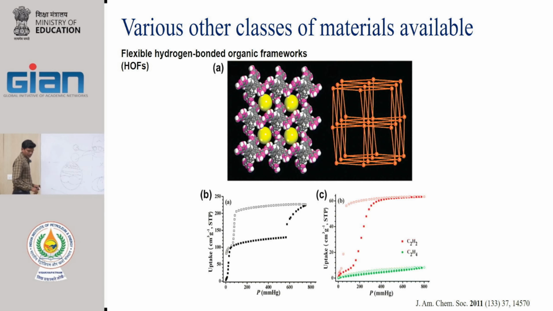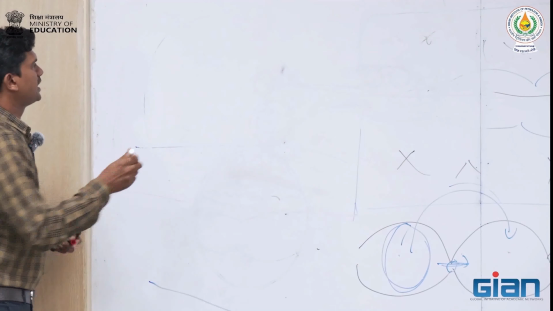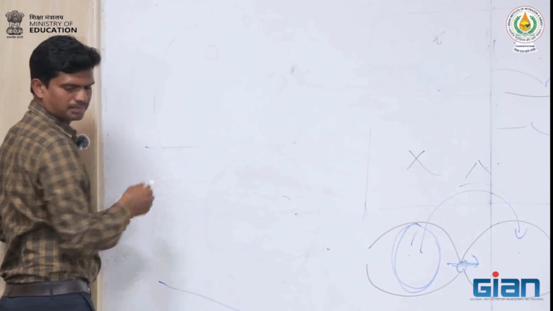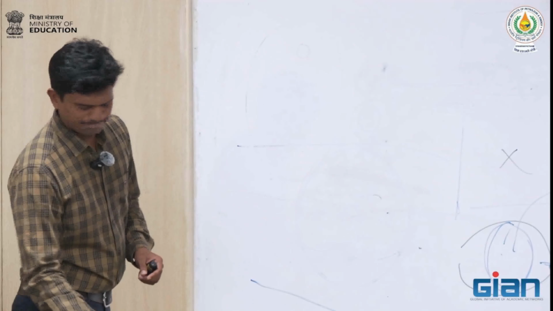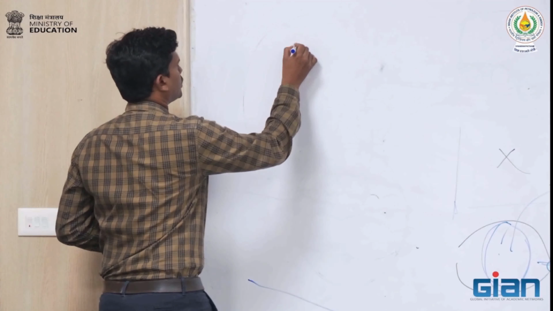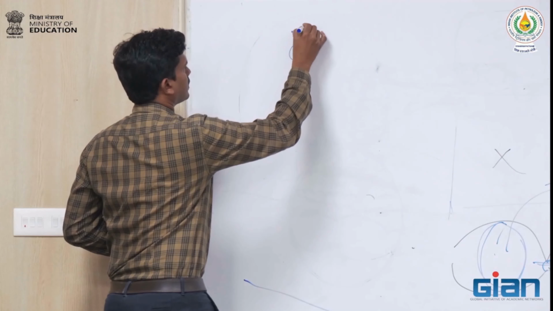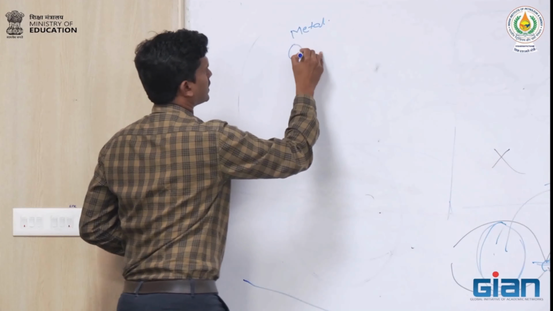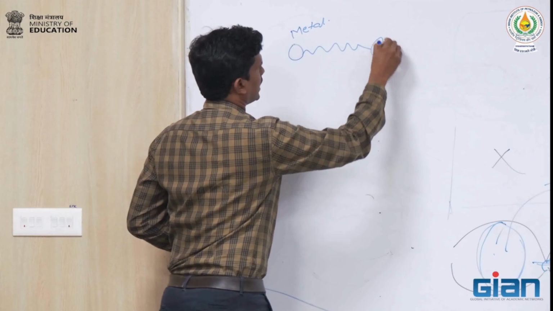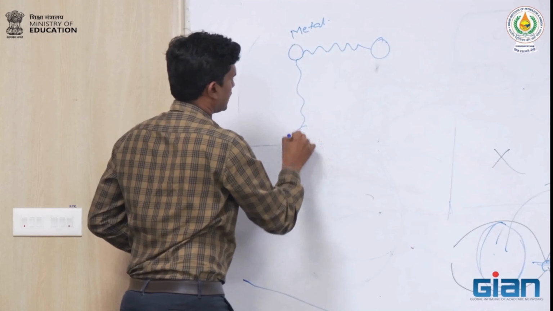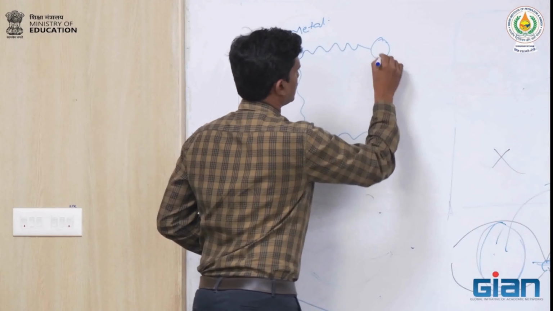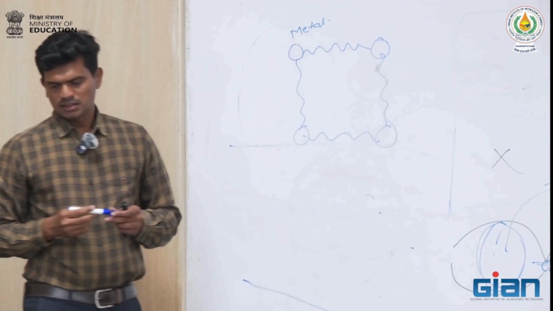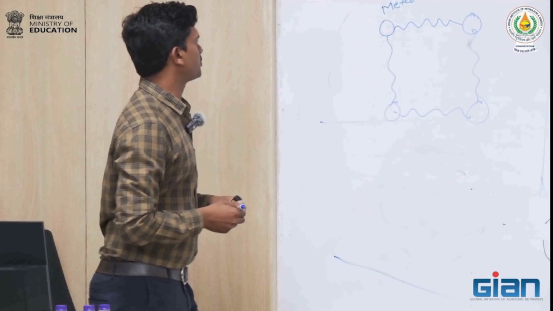So the difference between these three classes is that when I say MOF, you have a metal, and then it's connected through an organic linker and then another metal. So it's like this, just giving one example. It's a very well defined structure, something like this.